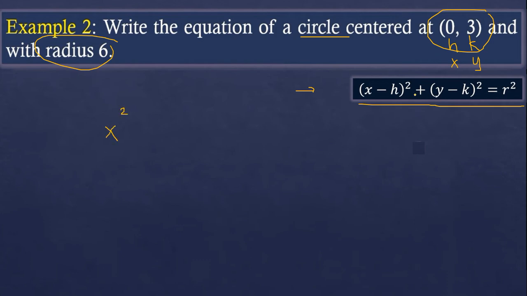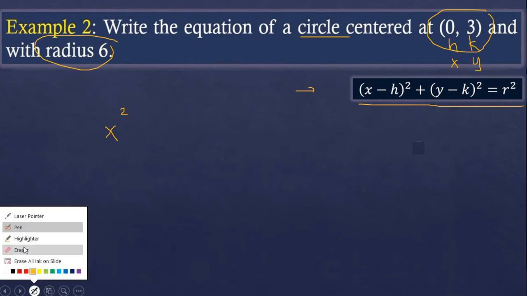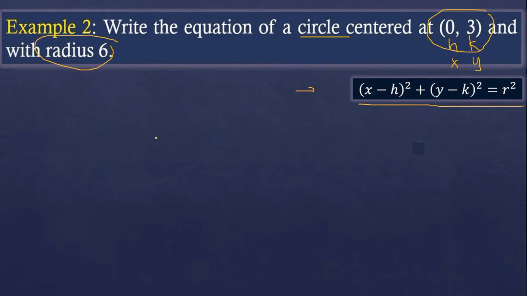Sir, 0 po yung h natin, magiging x squared na po ba agad? Yes. Pero kung gusto mong ilagay yung complete solution niya, magiging x minus 0 raised to 2 plus y minus 3 squared is equivalent to 6 squared. So, magiging ganyan po siya.